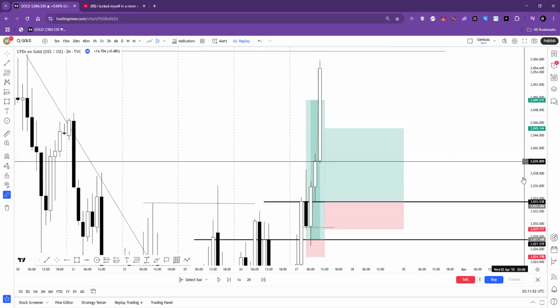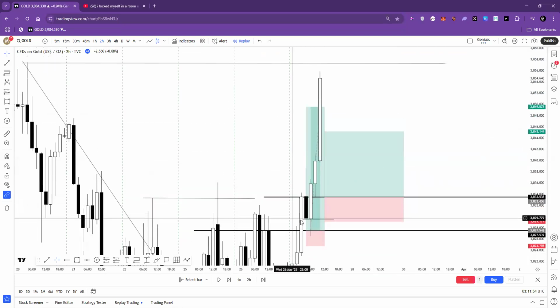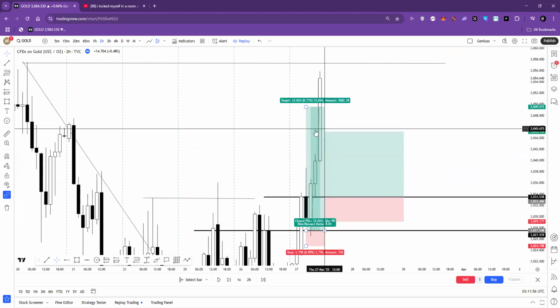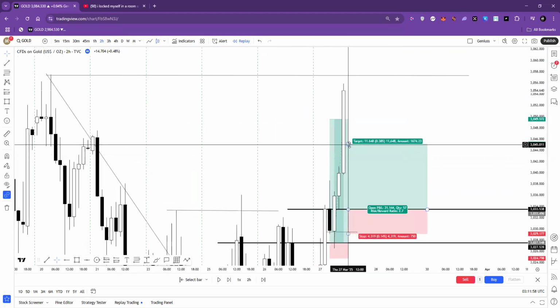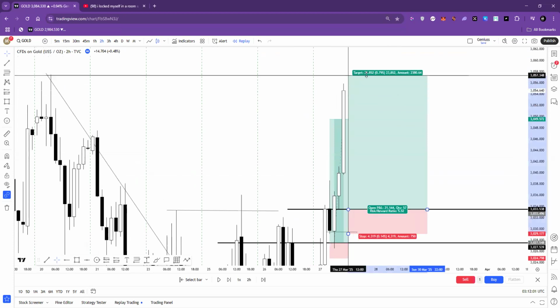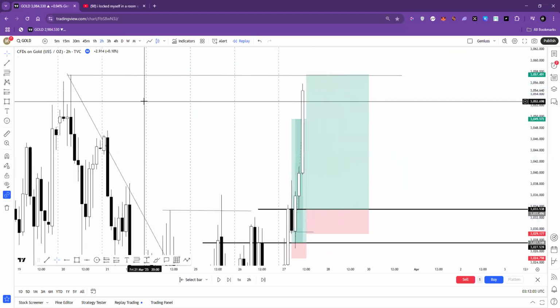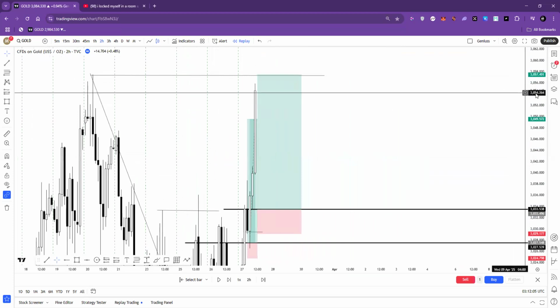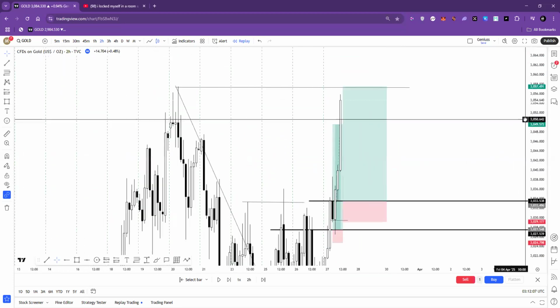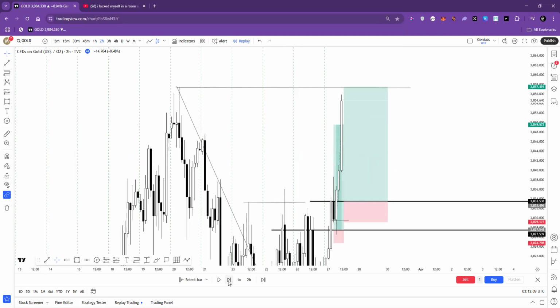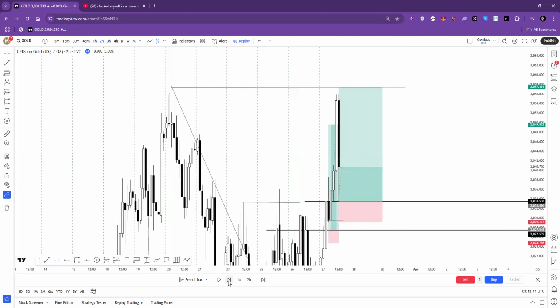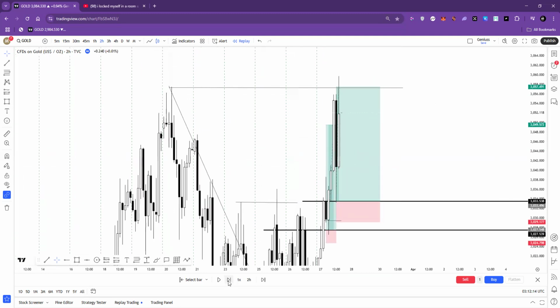Yes, this was my maximum stop loss. So the next target was all-time highs, straight up. The next target, all-time highs, right? So I just played price, it reacted, TP done.